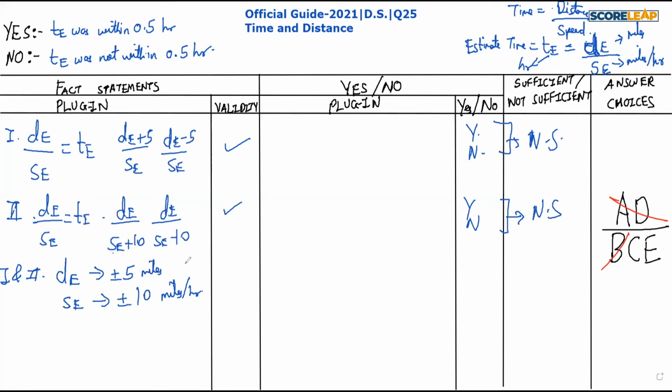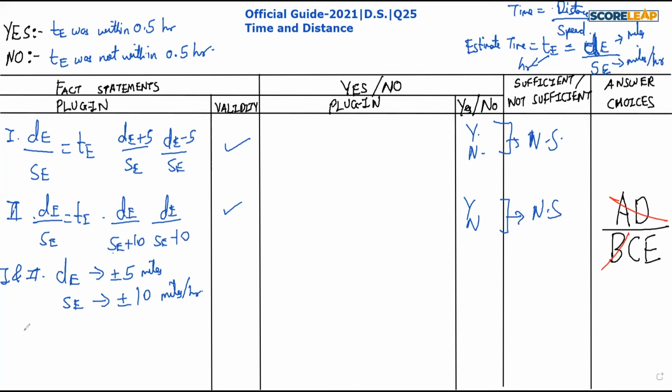But that is not the case. Why? Because the estimated distance is within 5 miles and the estimated speed is within 10 miles per hour, but it again depends on the distance that Joanne is traveling. If the distance is very large, then plus 5 in the numerator and plus 10 in the denominator won't have that much significant effect.